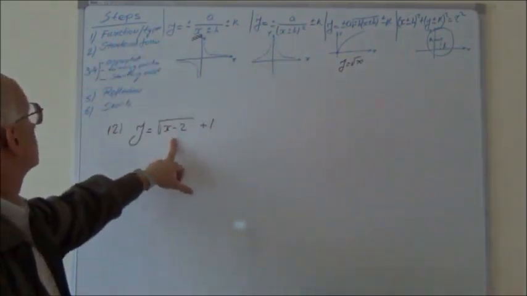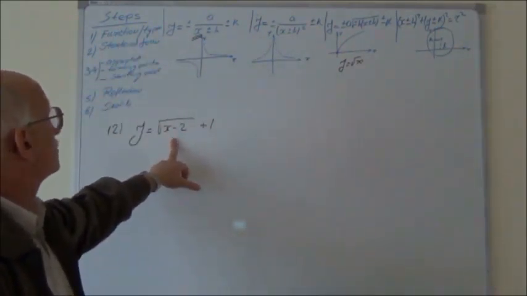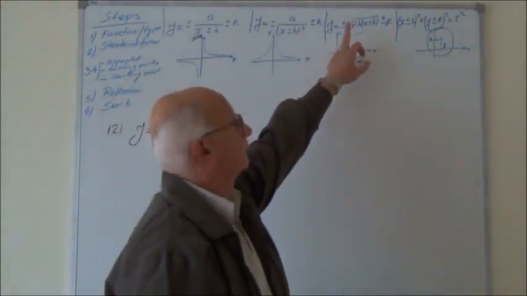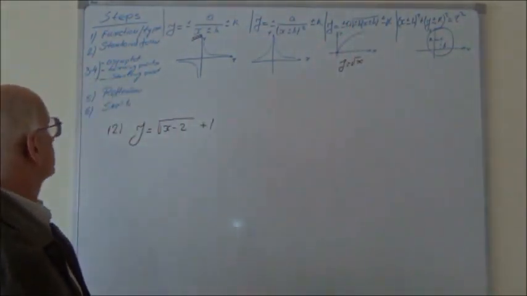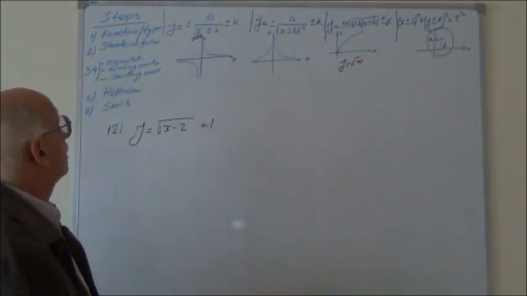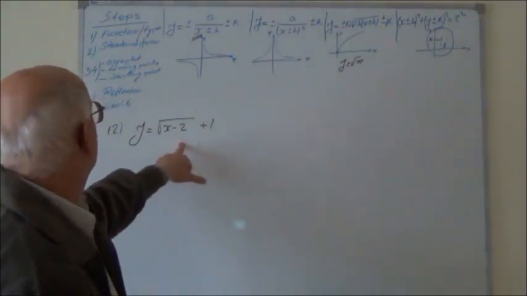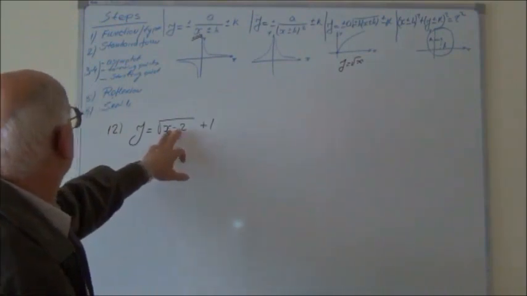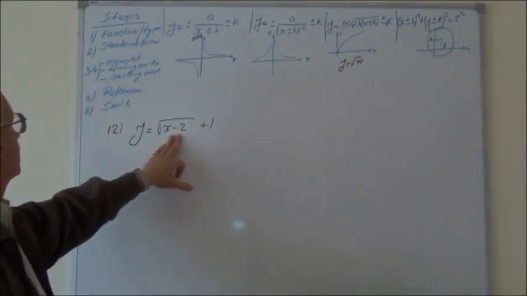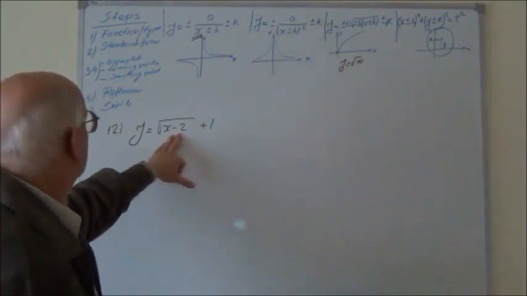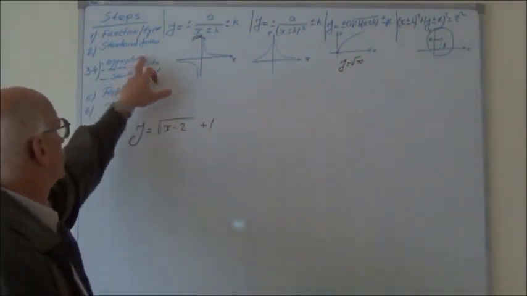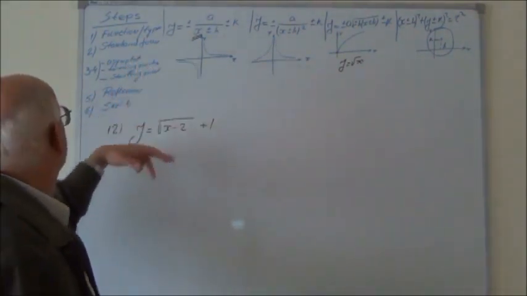Following the same concept, we have to recognize the type of function. Of course, we can't miss it. This is a square root function, and it is in standard form. There is nothing I need to do. For a square root function, of course, there is no asymptote, so we are not thinking about that.